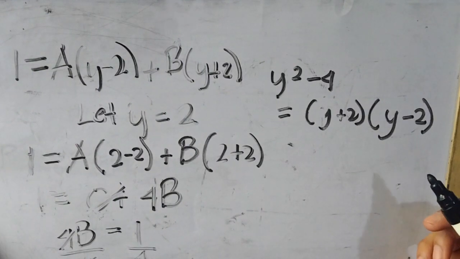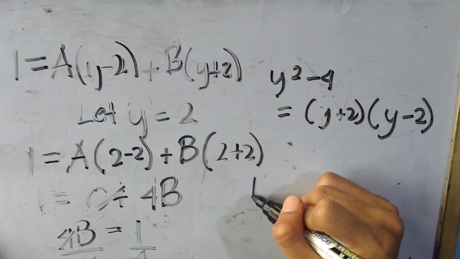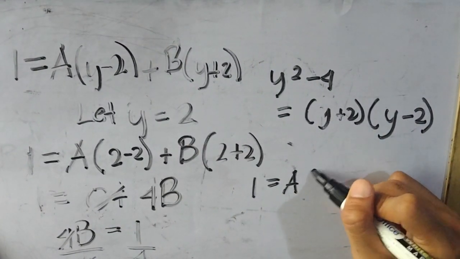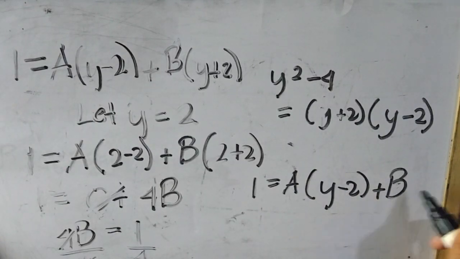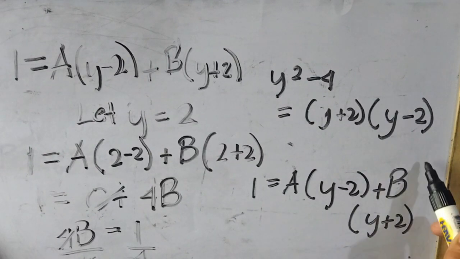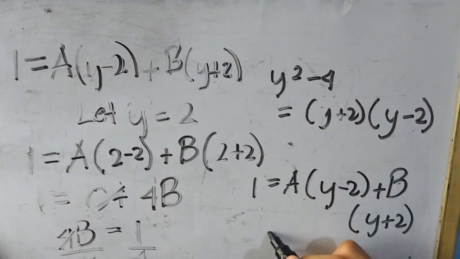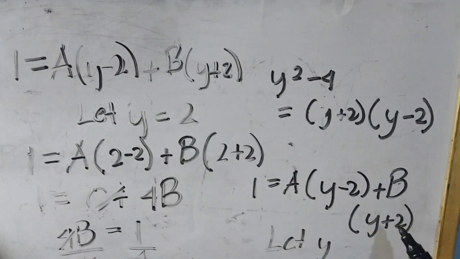Now we will find the value of a. So 1 is equal to a times y minus 2 plus b times y plus 2. To find the value of a, we will make this value 0. So y must be negative 2.